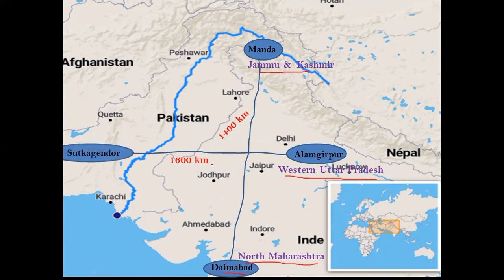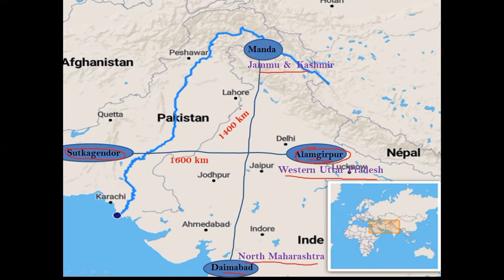We reach a place called Sutkagendor, which is actually in the bordering area of Pakistan and Iran of today. So we are clear that the easternmost extent of the Harappan civilization is Alamgirpur, in western Uttar Pradesh, and the westernmost extent of the Indus Valley civilization is Sutkagendor, which is bordering Iran and Pakistan.